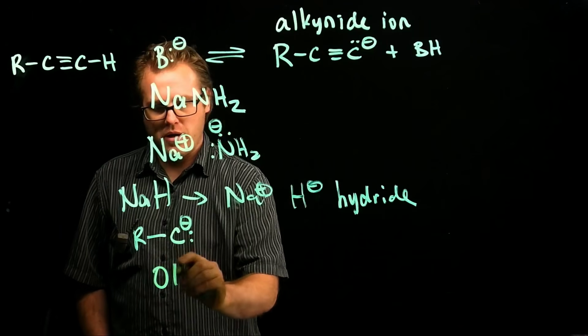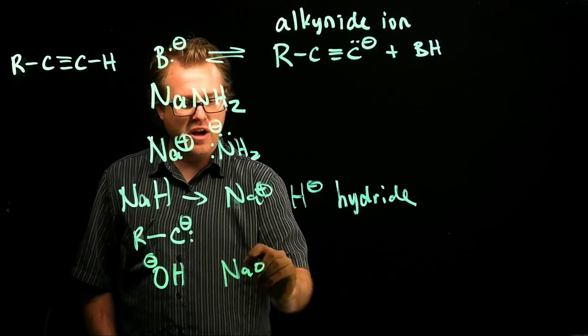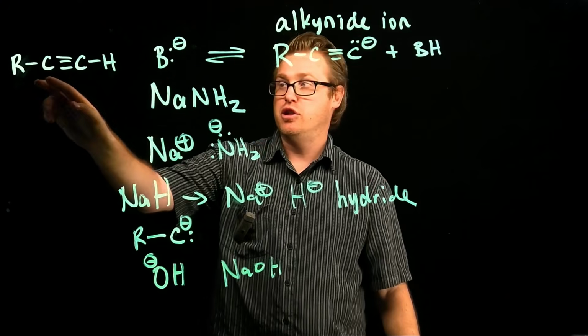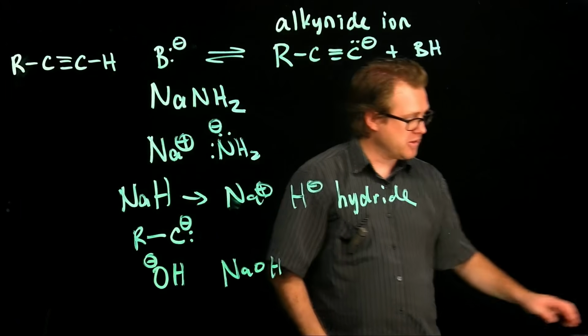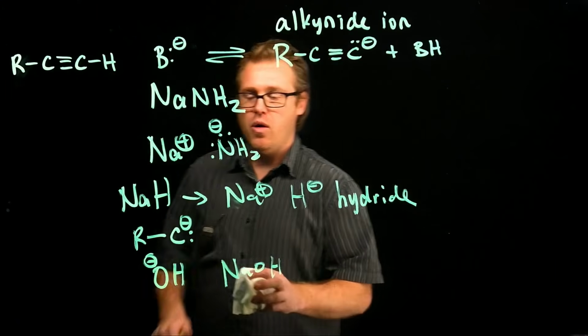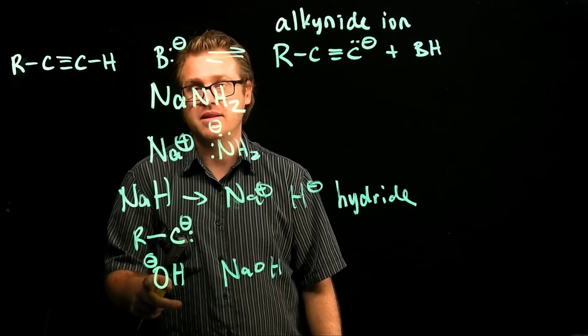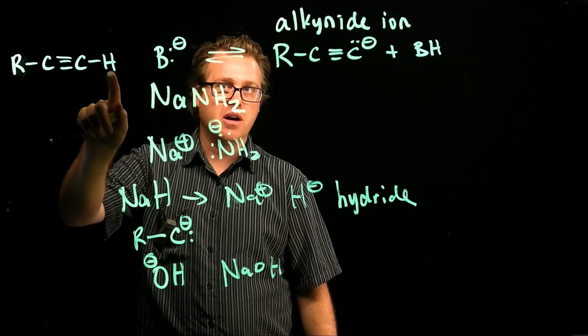But would hydroxide or sodium hydroxide be a strong enough base to do this reaction? That's what I want to demonstrate to you right now. Which ones, because that's a strong base, is it not? By definition it is. But is it strong enough to take off that proton?